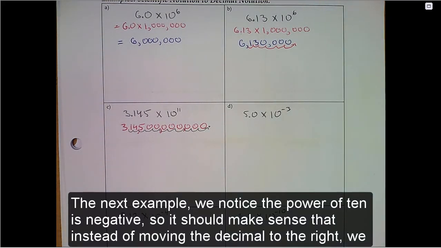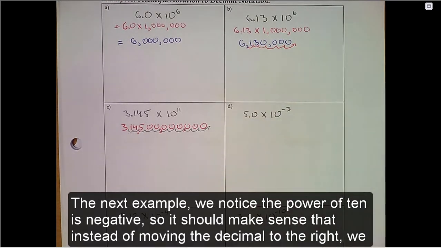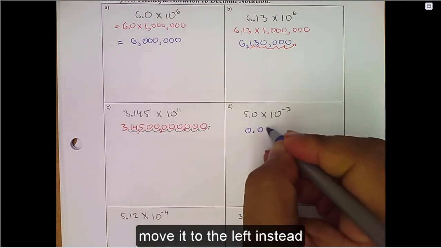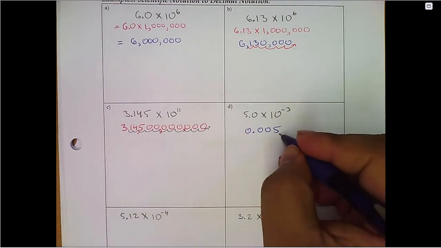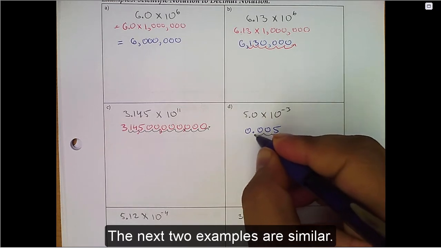The next example, we notice the power of 10 is negative, so it should make sense that instead of moving the decimal to the right, we move it to the left instead. The next two examples are similar.